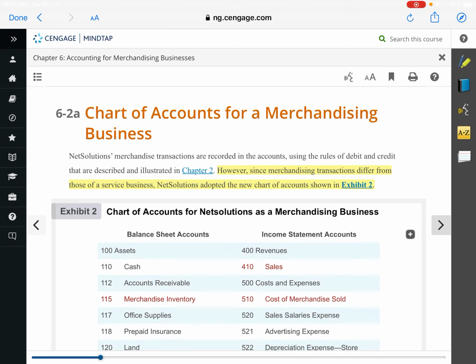Now somebody, I think it may have been in my online class, asked me what these numbers represent, like 100, 400, all those things. So, let's see if it'll expand. Yeah, all right.